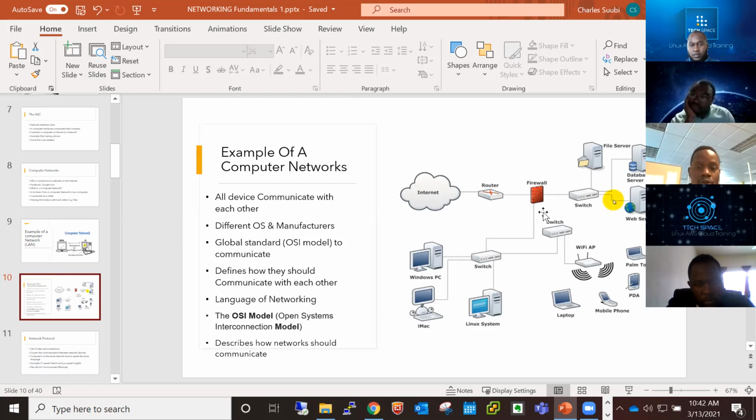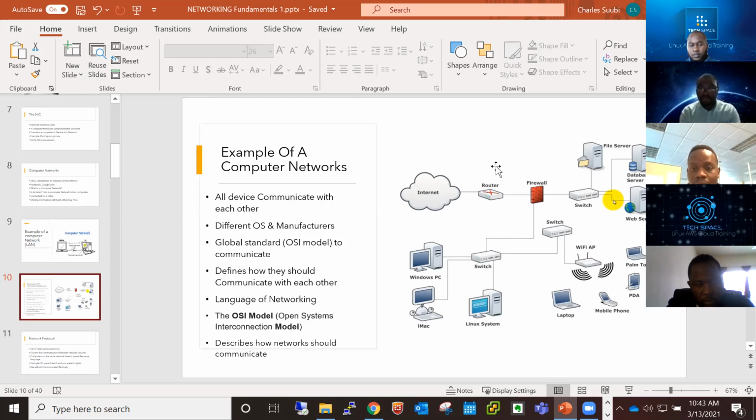These devices, even though they are from different manufacturers, are communicating with each other because there's a standard language based on the OSI model upon which these servers communicate with each other.